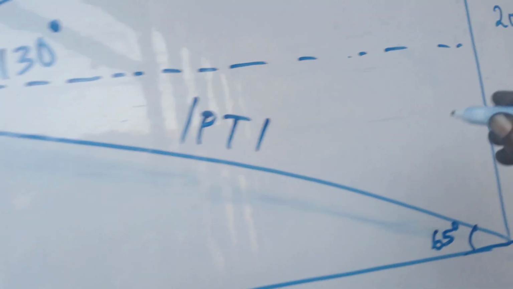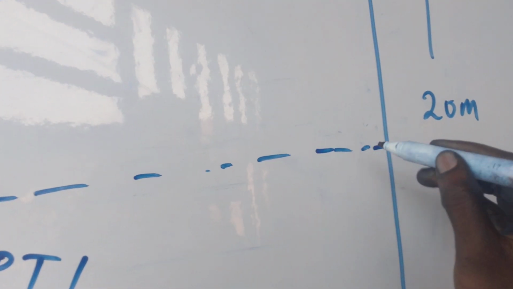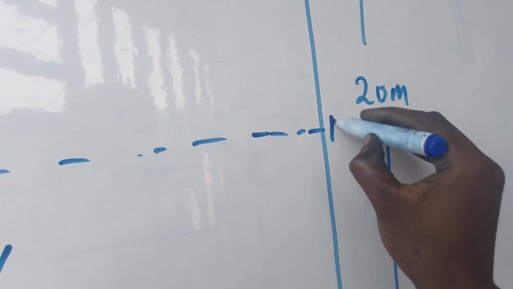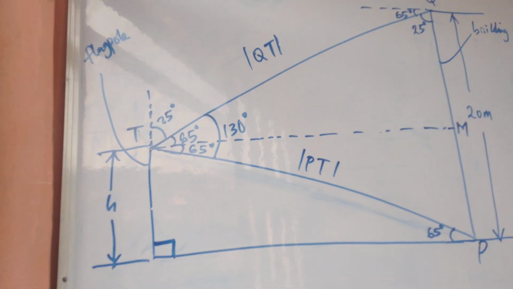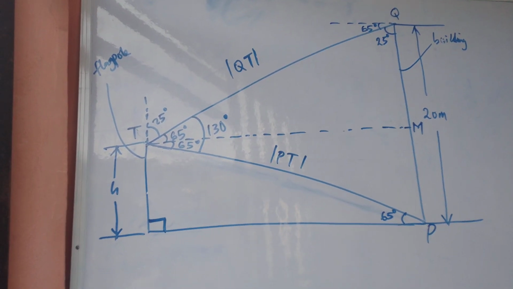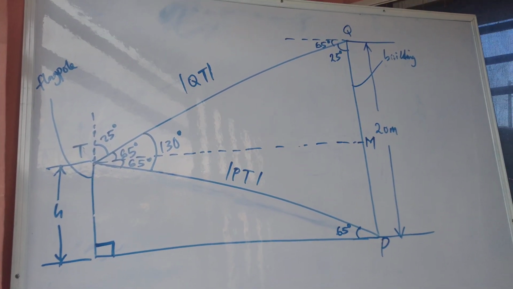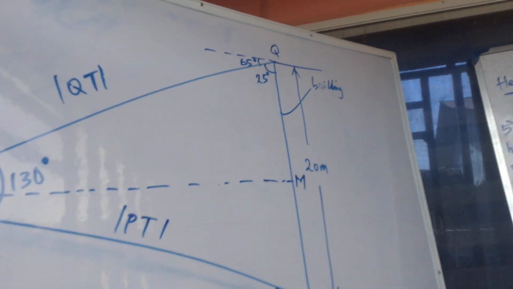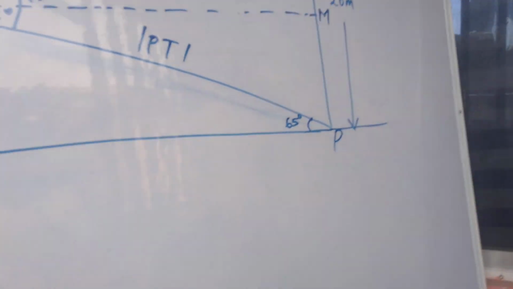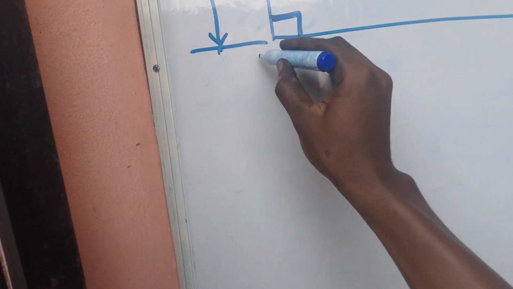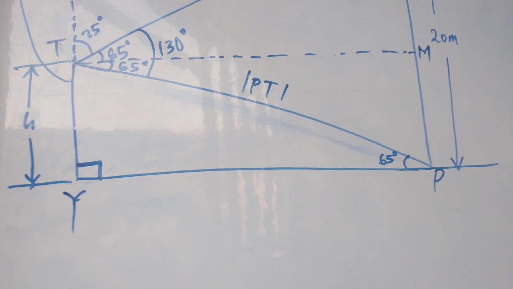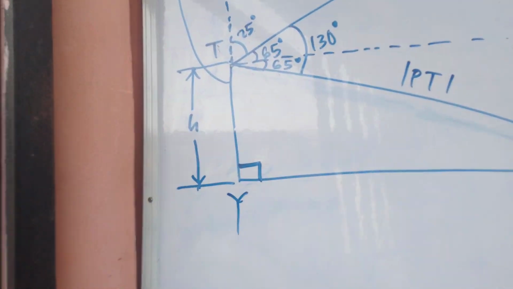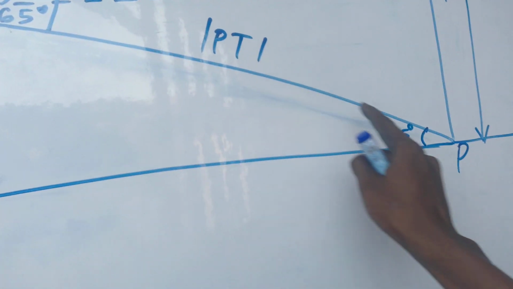Now if here is point T, I can choose to call this side M. Now what's the next thing we'll do? I can take the triangle TPY and look for this H. But you observe that I can't actually find H until I find this distance.